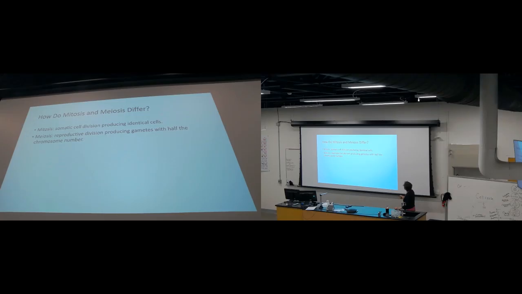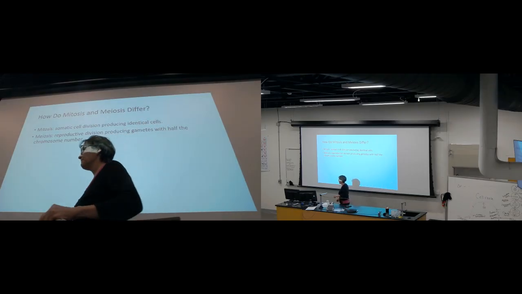So then the difference, again, between mitosis and meiosis. Mitosis produces identical cells. Meiosis produces gametes with half of the chromosome number. In mitosis, you're supposed to have equal chromosomes in number as well.